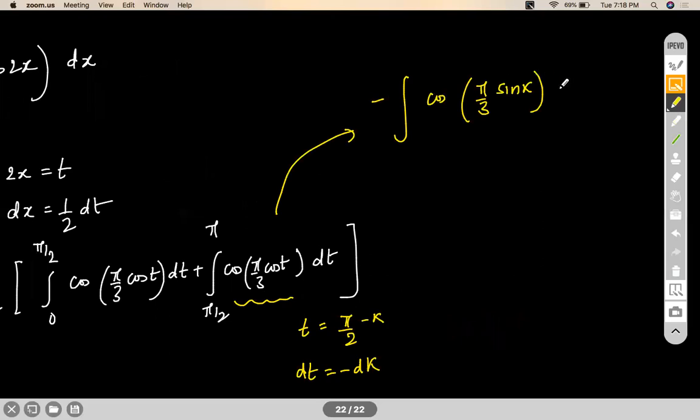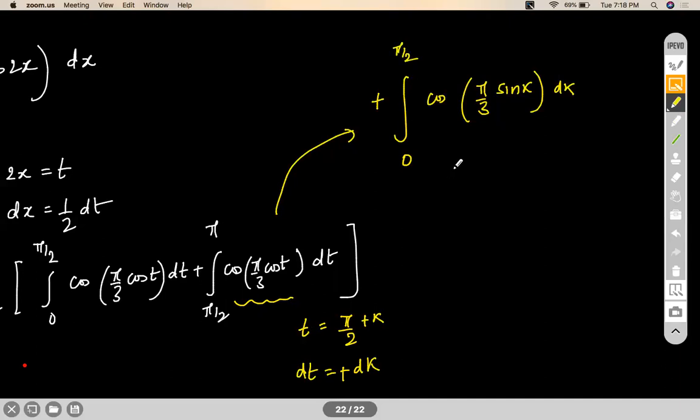So I'll have negative dk. What about limits of integration? Limits of integration will become negative. Actually, I should replace it with pi by 2 plus k. That will be more beneficial. What do you think? Yeah, I should replace it with this. That will be more beneficial, right? So in that case, you don't have a negative sign, so this will be positive. Now, when your t is pi by 2, k will be 0. And when your t is pi, it will be pi by 2.